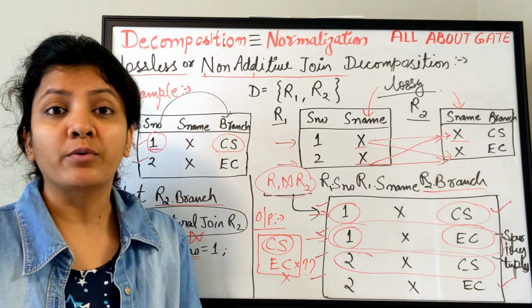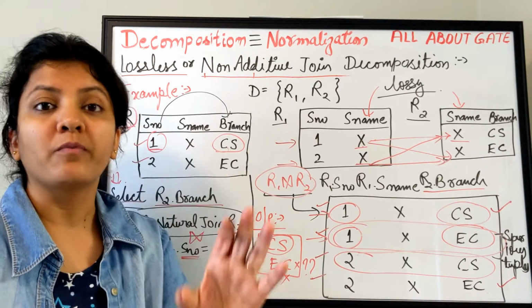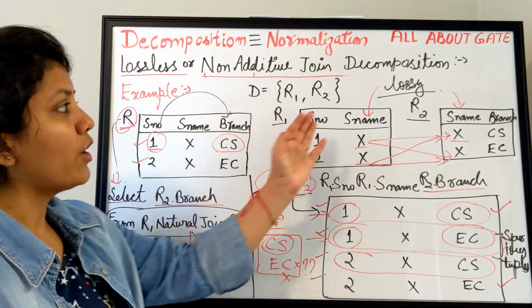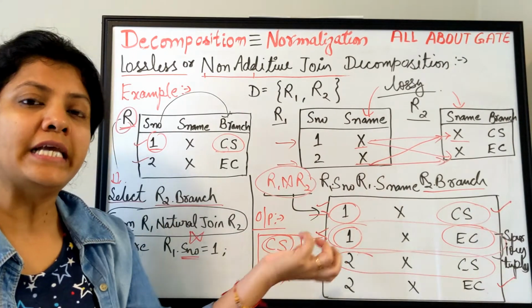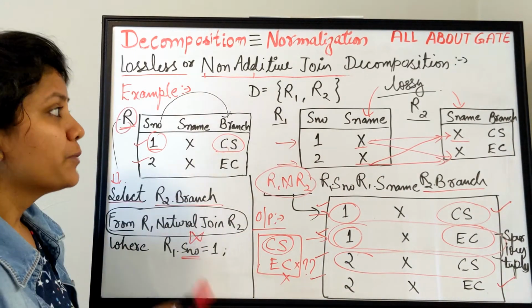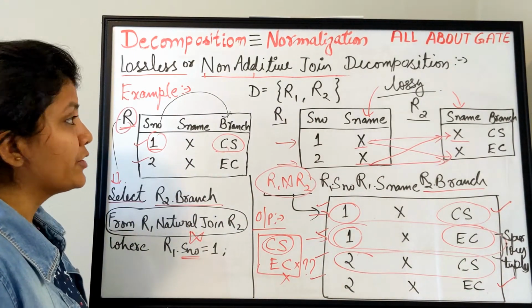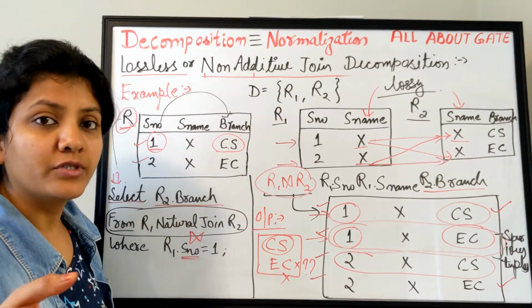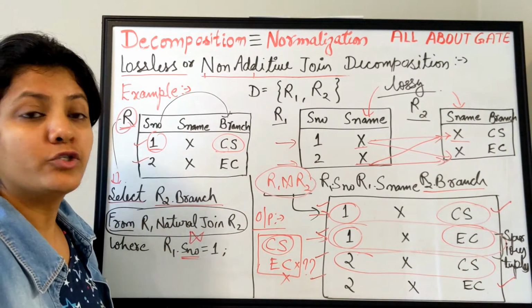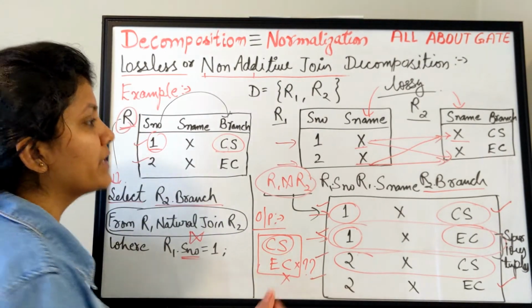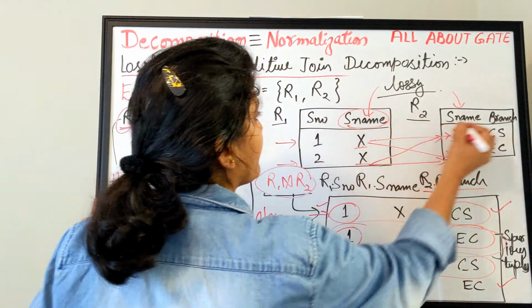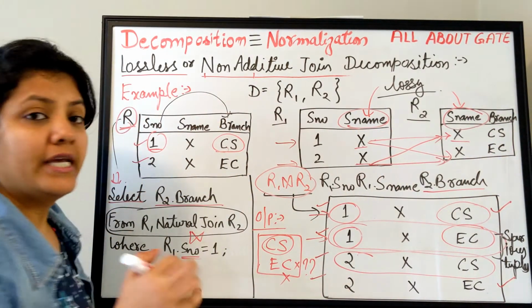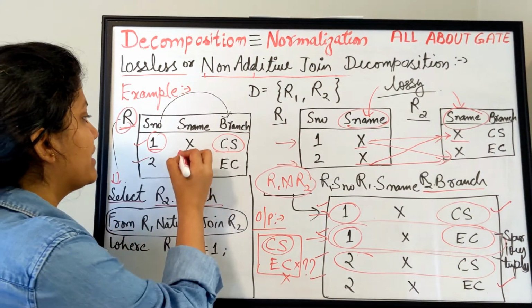Now we need to find out the cause of the problem. What is the reason that we got this lossy decomposition rather than a lossless decomposition? The problem was the attribute that you selected for decomposing, the common attribute between the two tables. What is the common attribute? The common attribute is sname. This sname has multiple values.